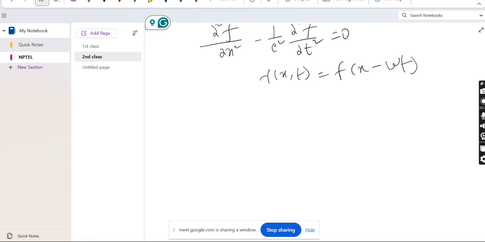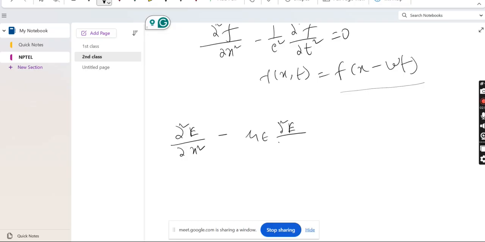Now the professor has already discussed in the class that this function satisfies the equation, and you can write this wave equation in terms of electric field and magnetic field.